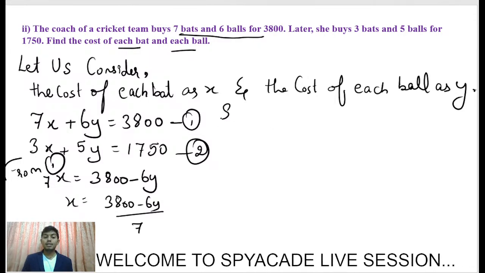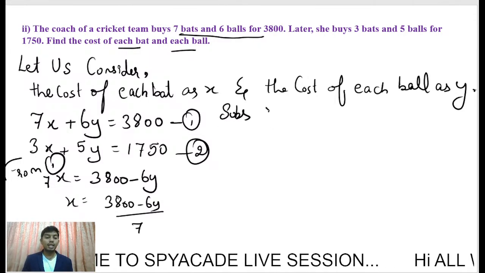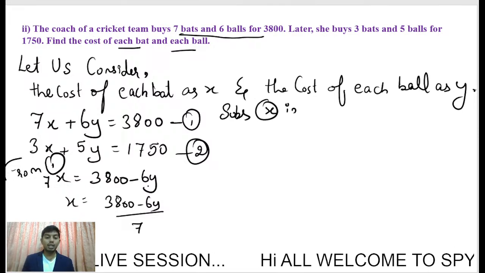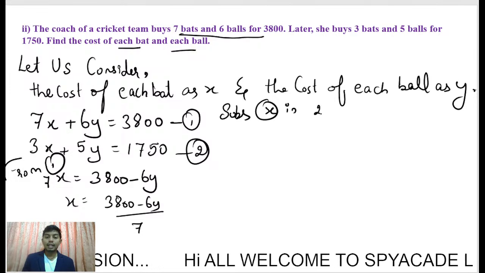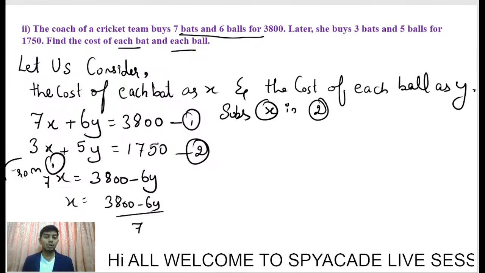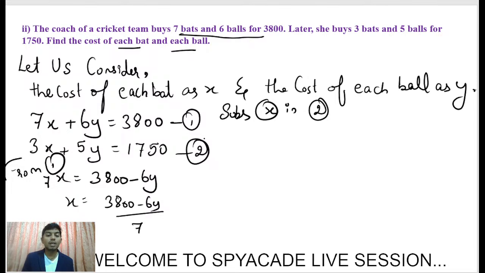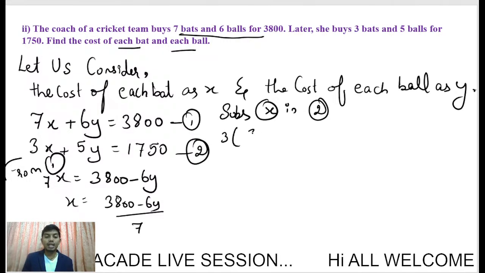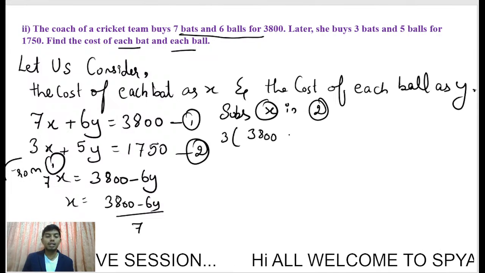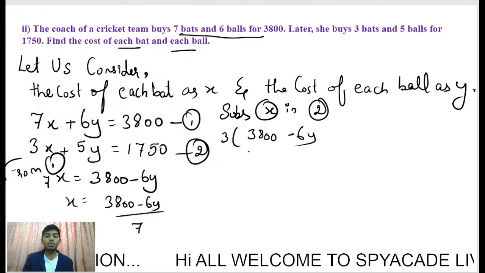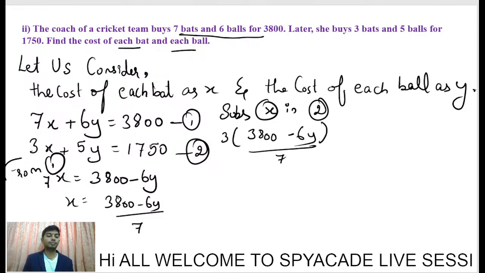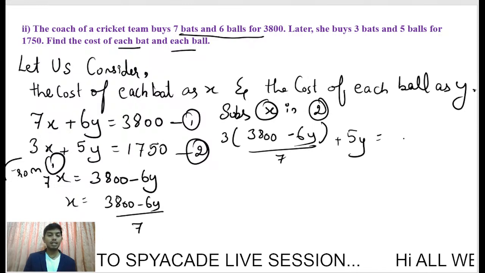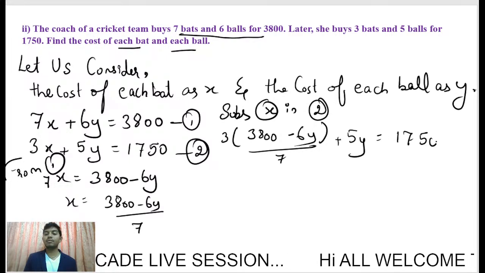Now you are going to substitute that x value in the second equation. So in the place of x we have 3800 minus 6y the whole divided by 7, plus 5y is equal to 1750.